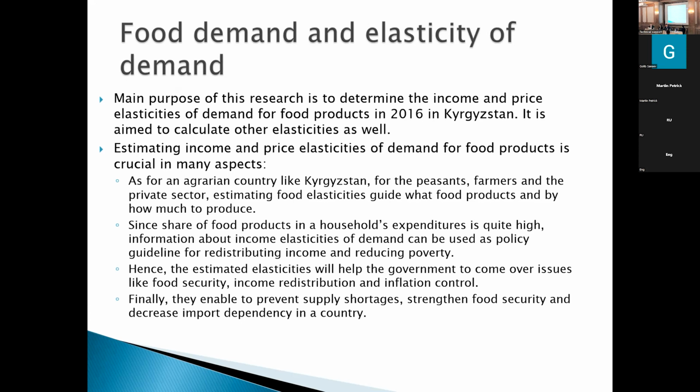It is also very important for building policy implications, policy guidelines for the framework for redistributing income and reducing poverty. It can also be very important for food security as well.